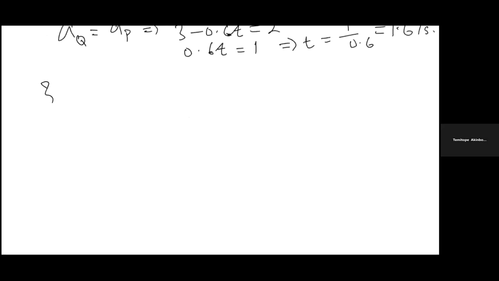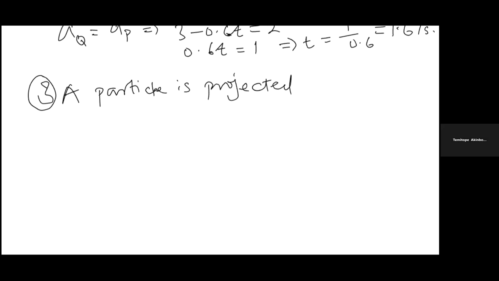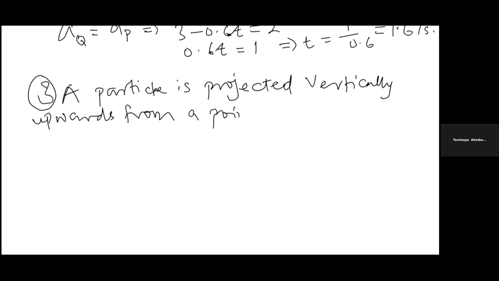Example 3 now. A particle is projected vertically upwards from a point O with initial speed 12.5 meters per second.